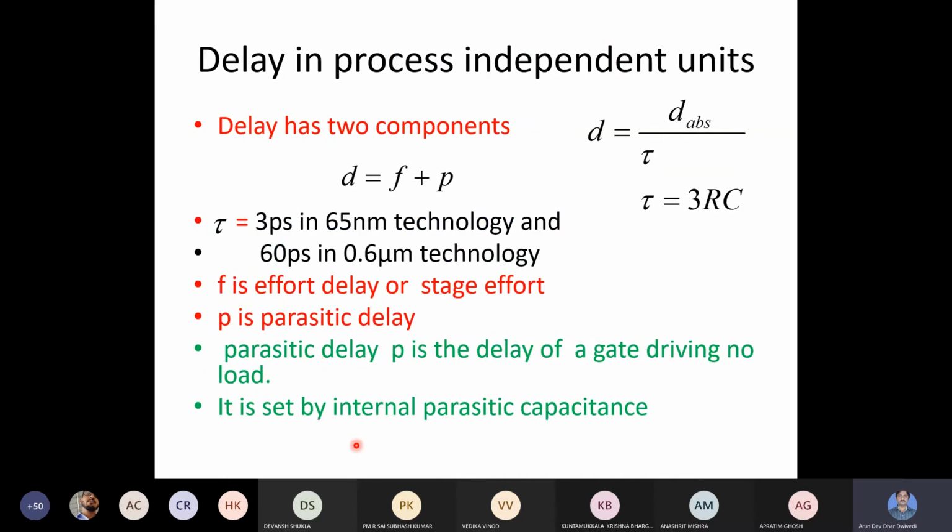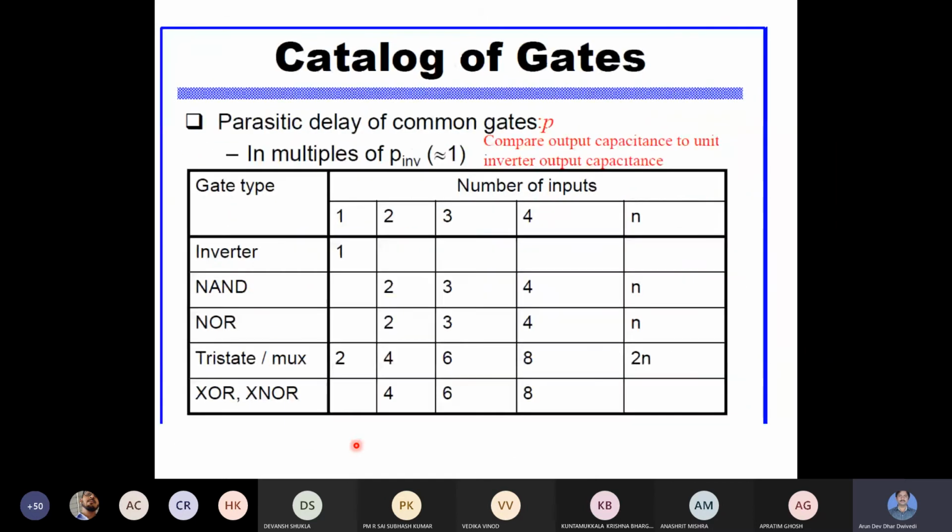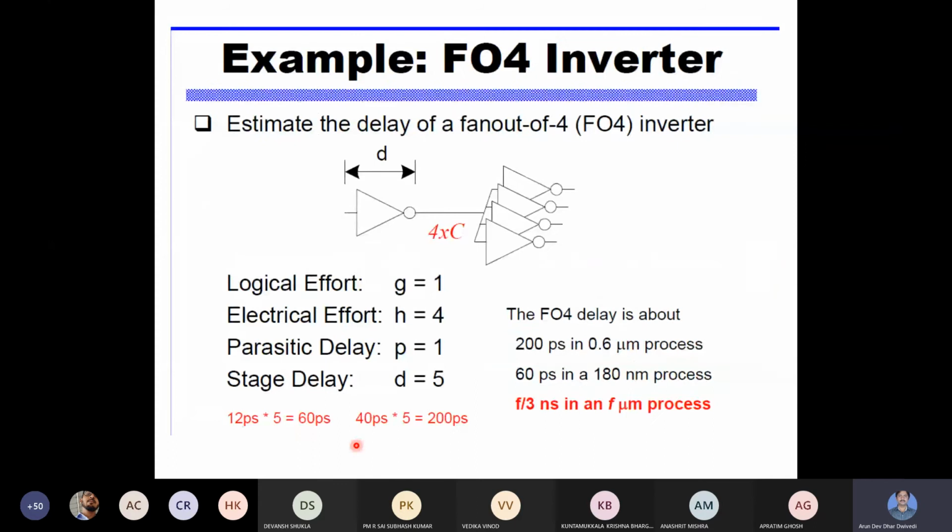We get two types of technology, but here anyway it doesn't matter. Here we are just considering two cases. If 12 picosecond you are considering for d, then 60 total. For one stage it is coming, so total 5 is coming. D is 5, so d multiplied by 5.